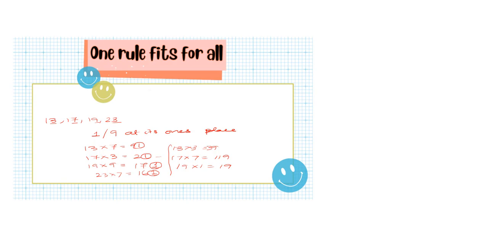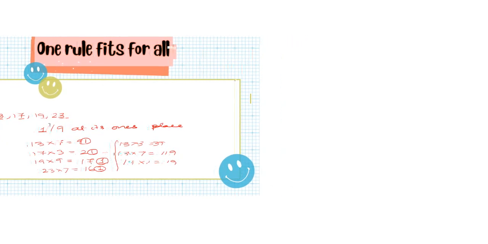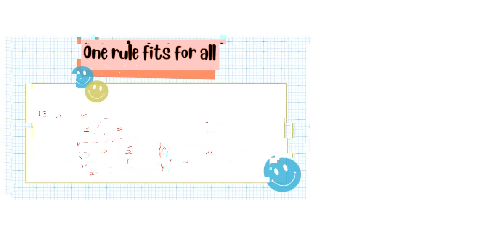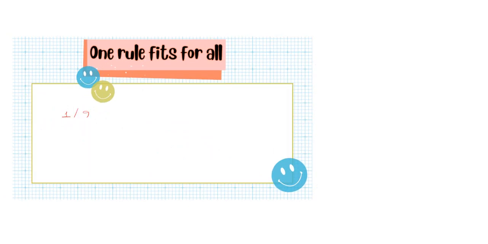The most important thing that we have to remember here is the rule: 1 and 9. Whenever you get 1, and whenever you are going to get 9.